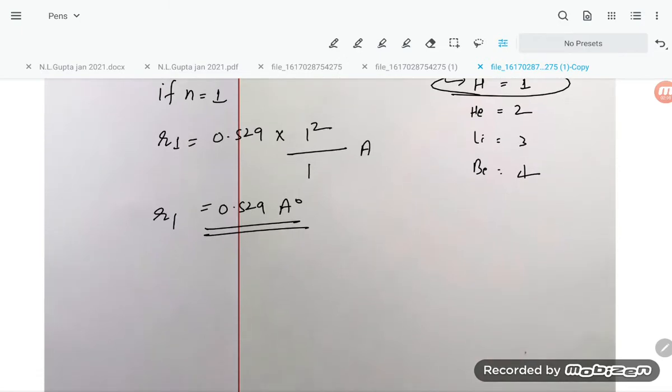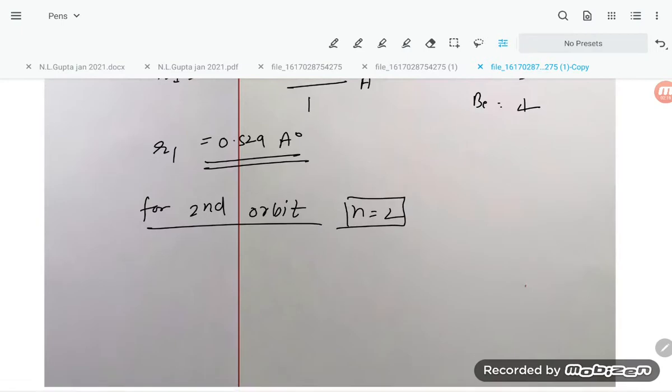If you are going for the second orbit, n is equal to 2. So R2 is equal to 0.529 × n² / Z angstrom.